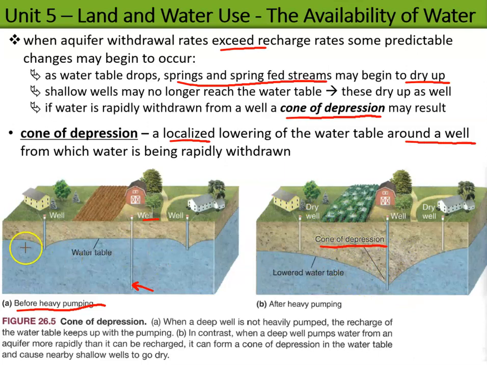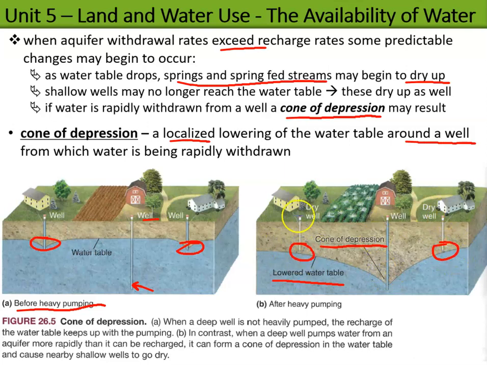You can see there are little cones of depression around these little shallow wells here, but they're not all that significant. Then this large deep well right here has significantly lowered the water table. You see this cone of depression that forms a sort of upside down cone shape, like an upside down volcano almost. What that does is it causes the water table to be lowered all around it.